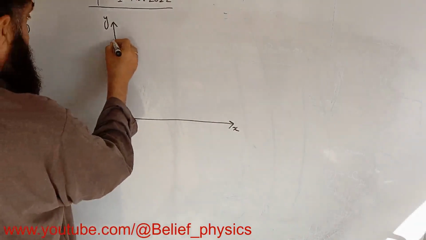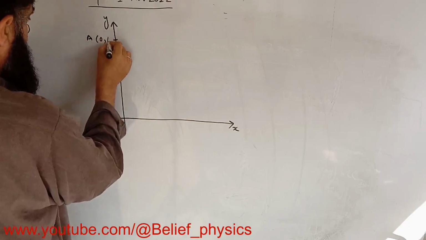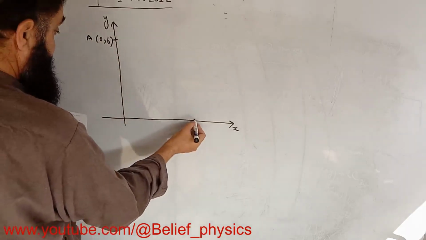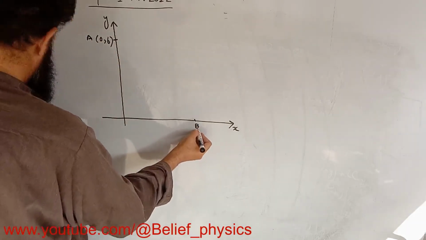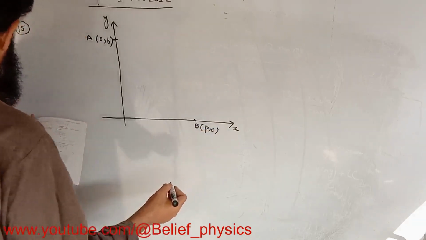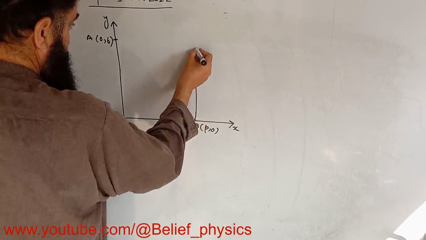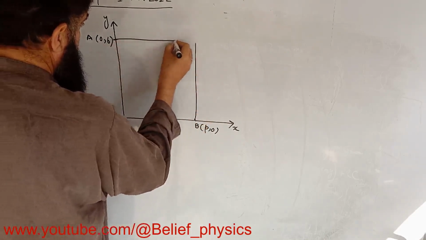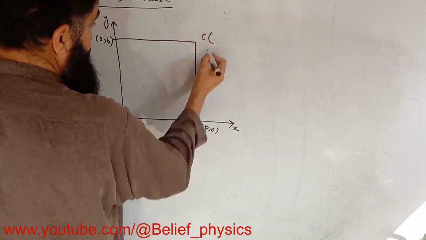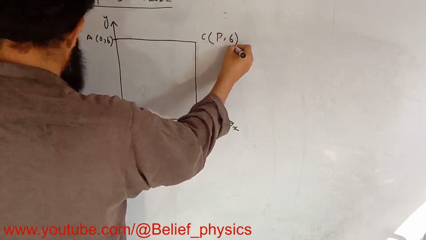A point A is marked here as (0, 6) and a point B is here whose coordinates are (P, 0), and here is point C whose coordinates will be (P, 6), because x is P and y is 6. This is given here.